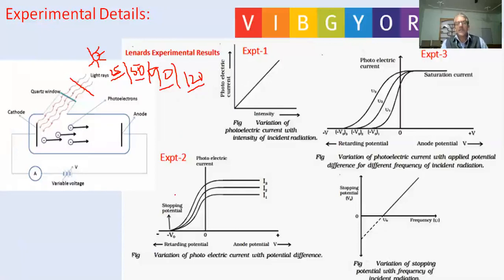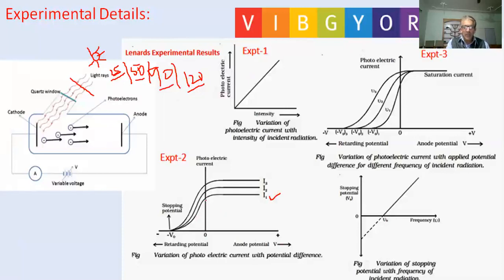Then we study experiment number 2. In the second experiment, we again maintain this circuit with the anode at some potential, and then we allow light of some intensity, suppose I1, to fall on the cathode, then current flows.